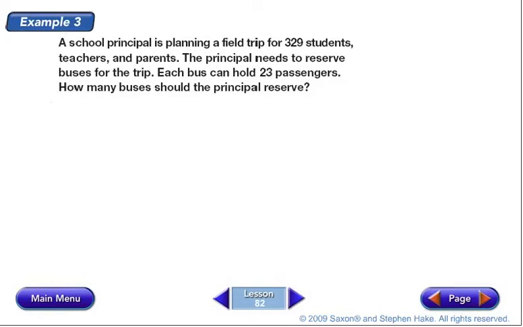So, how do I solve this? Well, I need to divide the total number of students, parents, and teachers, the number of people going, by how many people can go on each bus. So, we have 329 divided by 23.